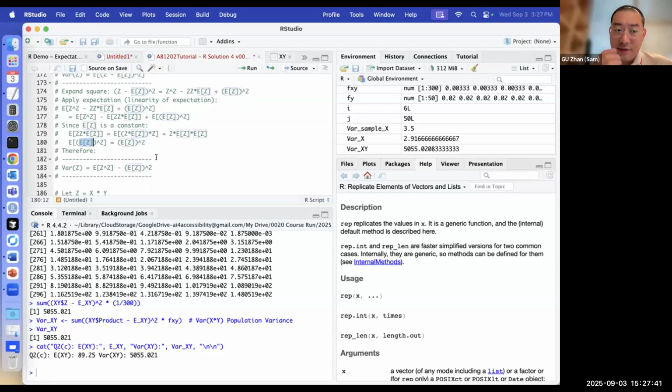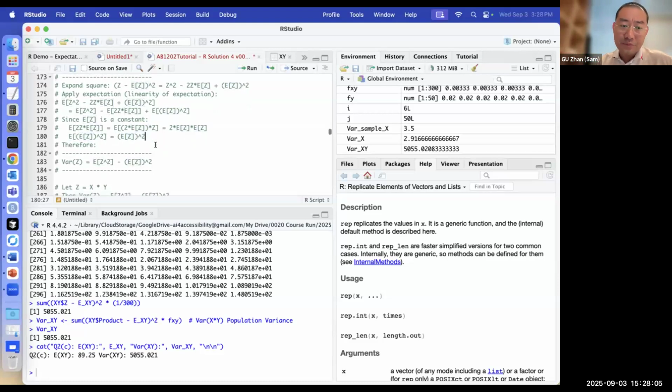E(Z) is a constant value. Let's say 3. 3 to the power 2 is 3 times 3 equals 9. That single number 9, what is the expected value of a single number 9? It is 9 itself. So it is equivalent to 3, which is the expected value, to the power 2.